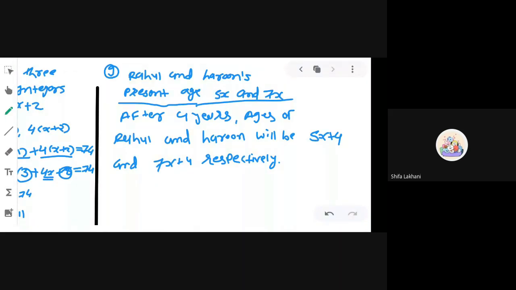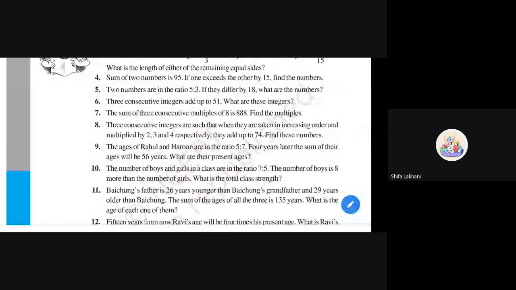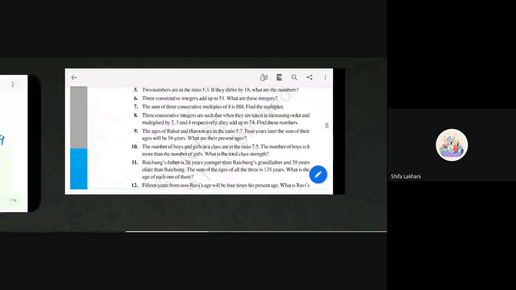After 4 years, the ages of Rahul and Harun will be 5x plus 4 and 7x plus 4 respectively. It is the second part of our question. Now the third part: it is given that 4 years later the sum of their ages will be 56 years.